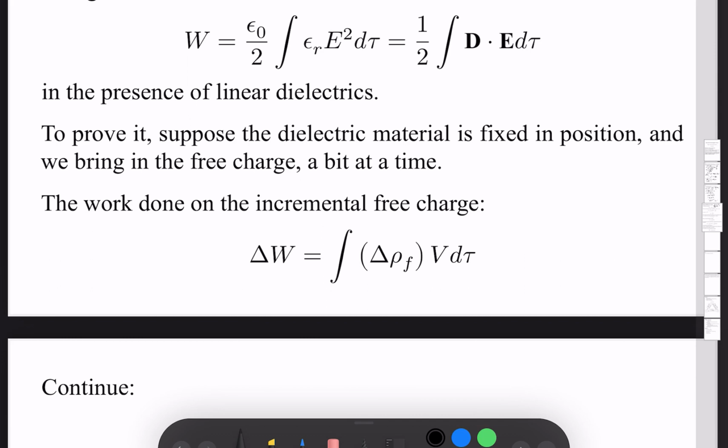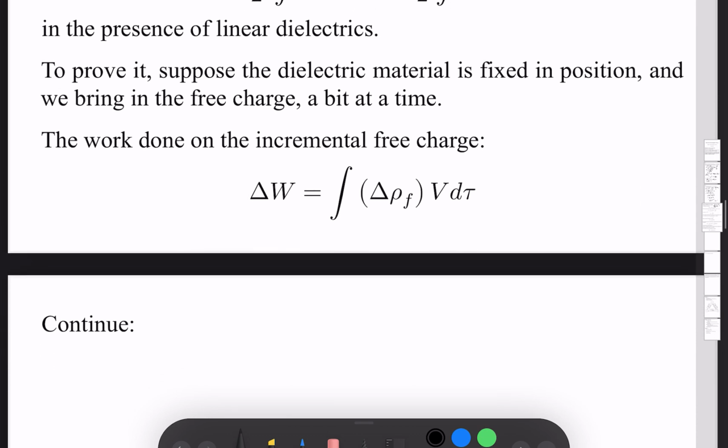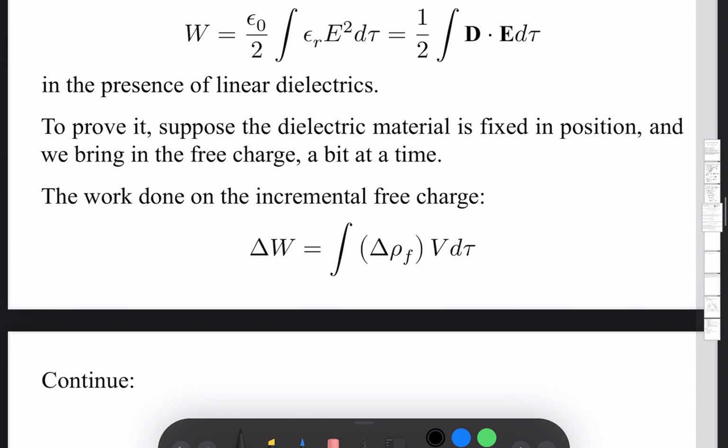To prove that, we have to carefully go through this derivation, with a similar approach to when we calculated the work stored in an electric field in vacuum. Last time when we calculated the work, we tried to add infinitesimal charge a bit at a time.